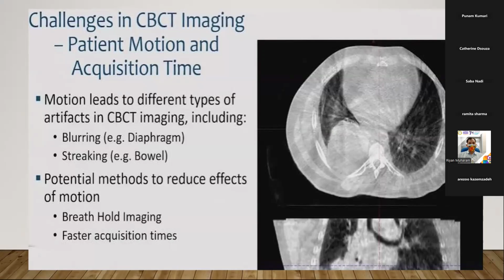With free breathing and with breath hold, there is a lot of difference. You will see a good sharp image if the patient goes for breath hold imaging, and your system needs to have a faster acquisition time. The more time you spend, the more chances of uncertainty and scatter acquisition, so to reduce that probability, the scanning time needs to be faster.